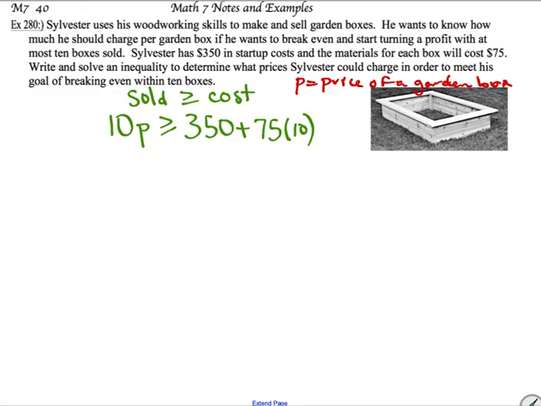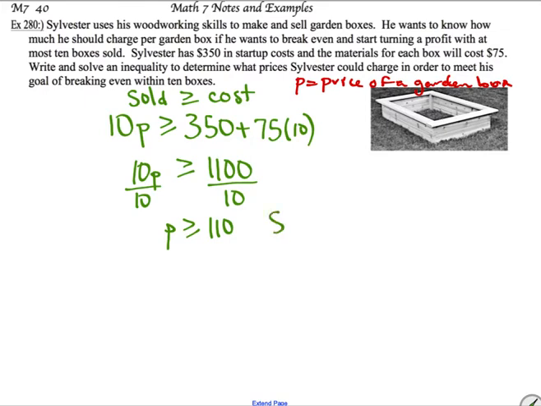The money he makes, 10 times the price he charges per garden box, has to be greater than what he spent. $350 plus $75 per box. $350 plus $750 is $1,100. We can divide both sides by 10. This says that the price has to be at least $110.